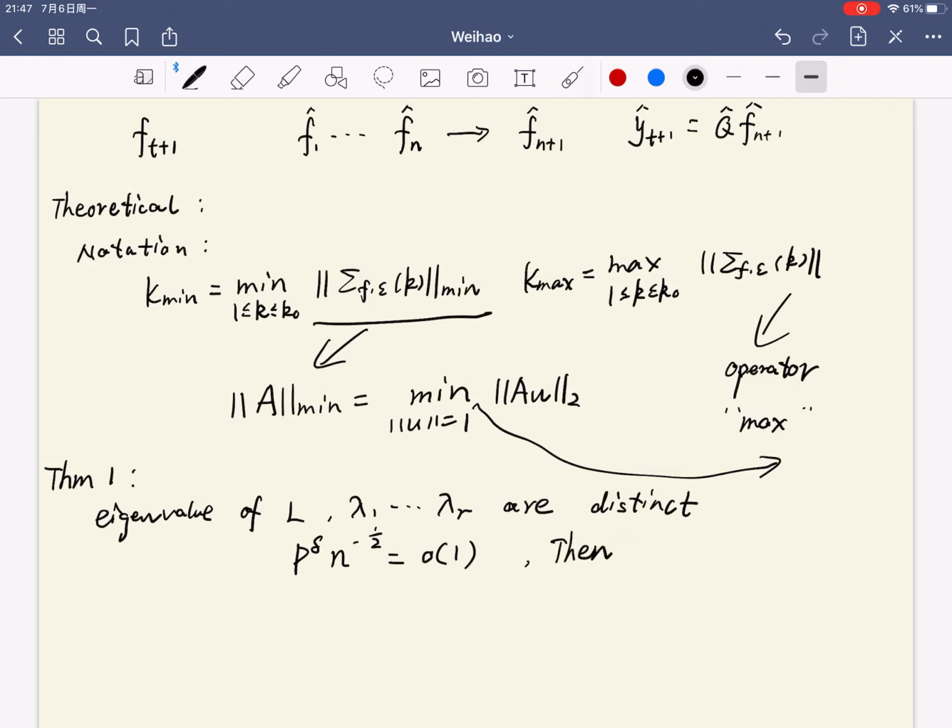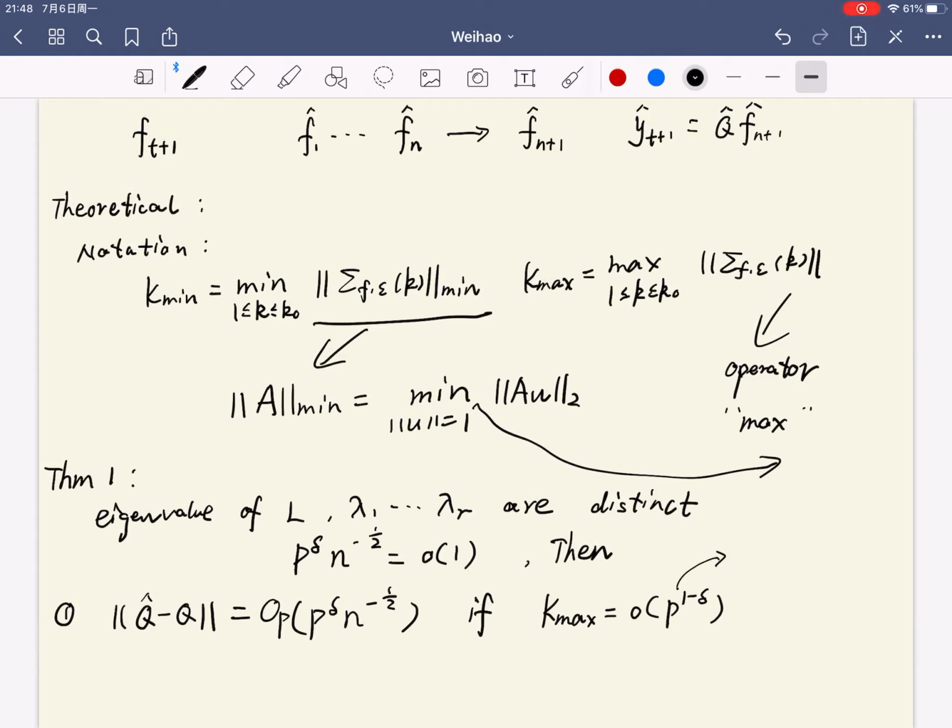Then we have, first, the error bound is given by p delta over square root n, if the magnitude of the cross correlation between low dimension process and white noise is small, which is little o of the factor strength. Remember that this p power 1 minus delta is the factor strength.